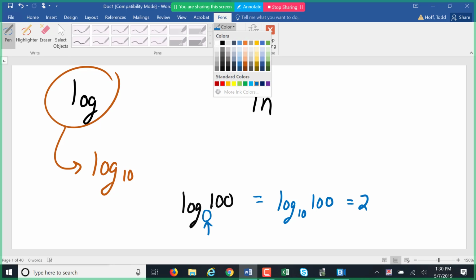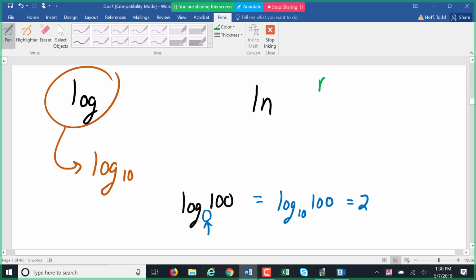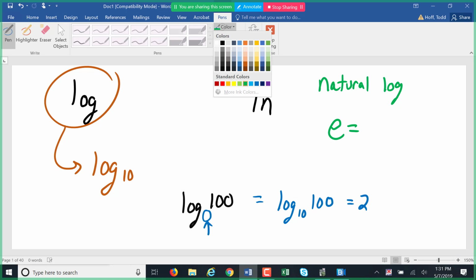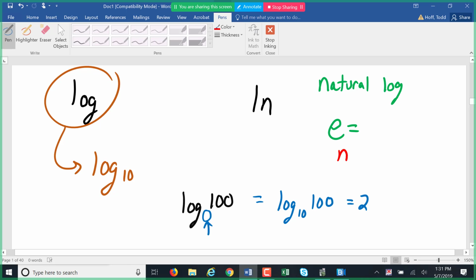ln, in order to define ln, natural log, we have to define a number called e. E is what is referred to as the natural constant. E actually occurs in nature a lot. That's why it's called the natural constant.